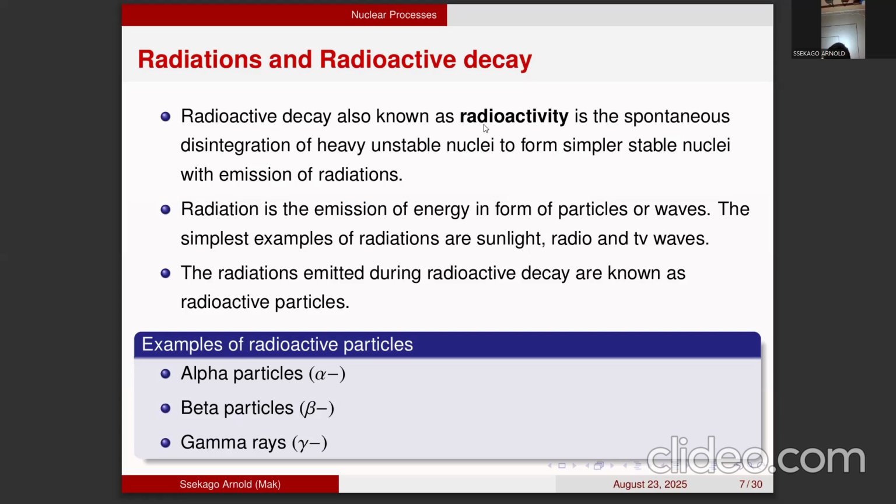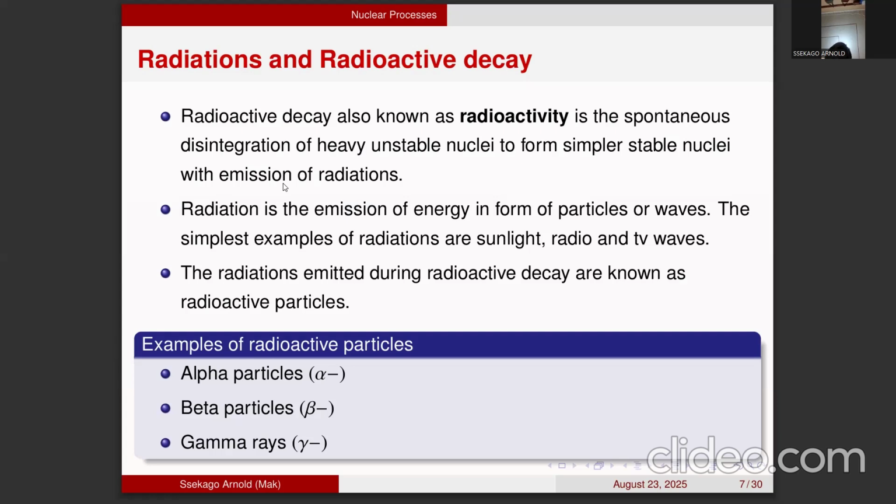If they are heavy, they have more protons, and since they have more protons, they are generally regarded as being unstable. Since they are unstable, they can break down spontaneously by emission of radiations.